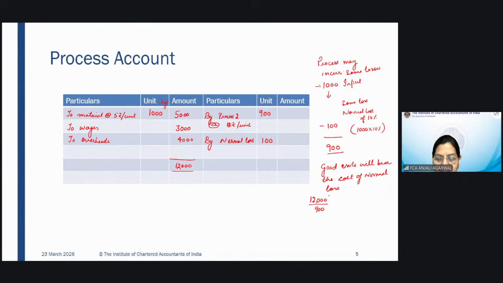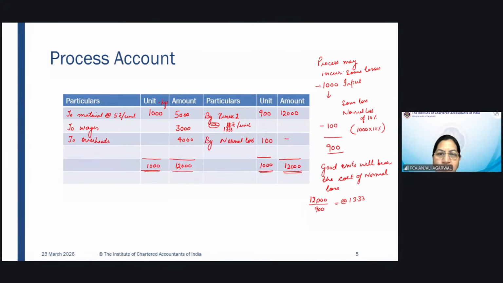So it will be inflated, which will come out to be at the rate of 13.33 rupee per unit. So this will be the cost of 900 units, 12,000 in totality. And the cost per unit will now be not 12, but 13.33 rupee per unit. Once again, the total of units will match with the units and the total of amount should match with the amount. I hope so far it is all clear to you.